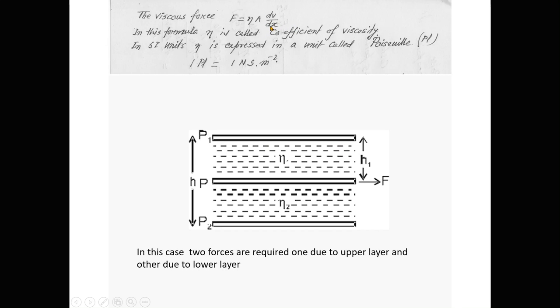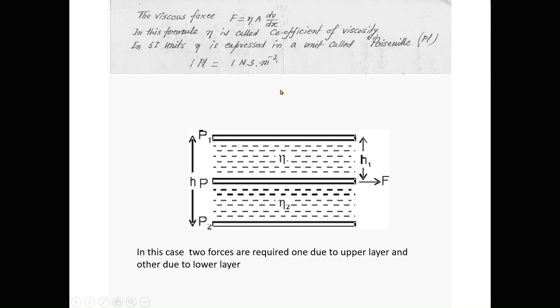It means the value of the thickness, and dv means the value of the velocity. In this formula, eta is called the coefficient of viscosity. In SI units, eta is expressed in a unit called Poiseuille, named after the scientist. 1 PL is equal to 1 Newton second per meter square.